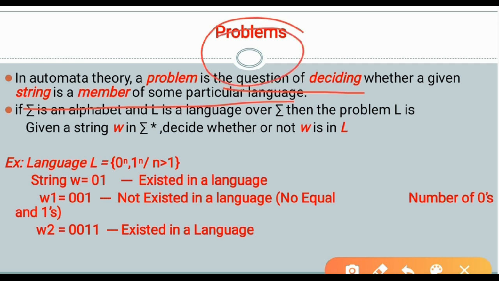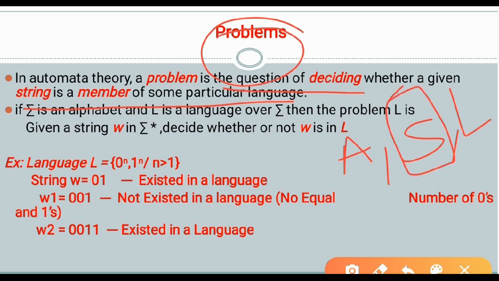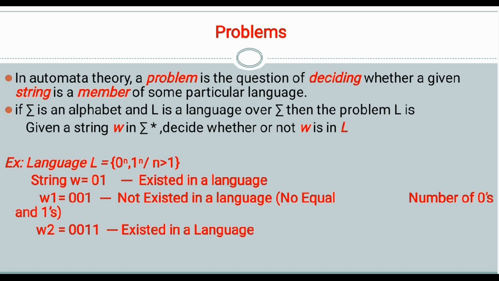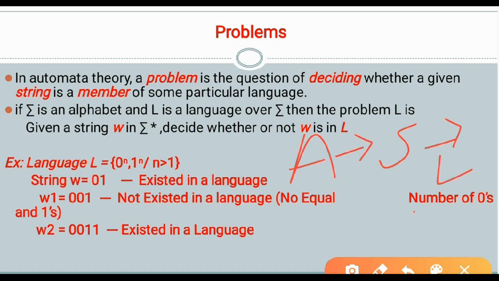If any problem is given in finite automata, you need to decide it. In finite automata, you have alphabets, you have strings and you have a language. You are going to decide whether the string you generated is in the language or not, the string generated from the alphabet. So there is a sequence of steps: from the alphabet you generate a string, from the strings you generate a language.